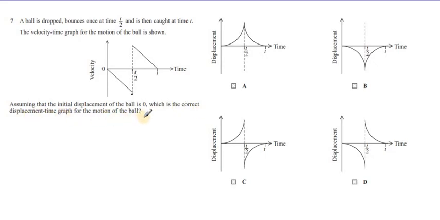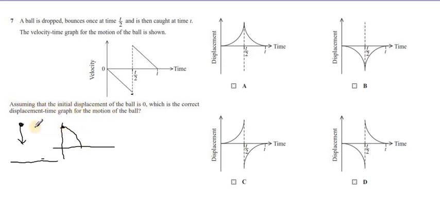If you remember in your theory, the bouncing ball, if you drop a ball from some height and the ball is coming down, generally we say that the displacement time graph or height time graph starts from maximum height and comes down. But as they are saying, consider the initial displacement of the ball is 0.